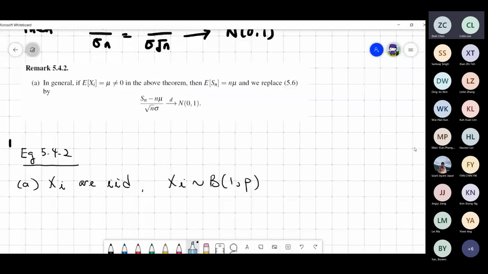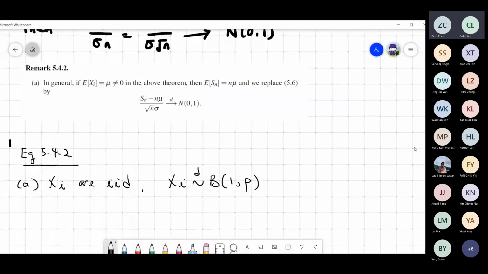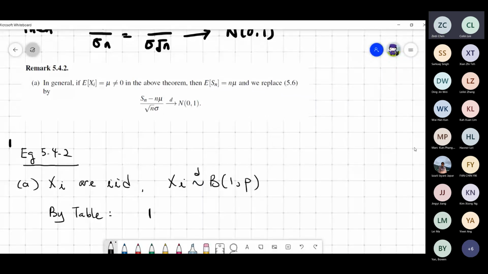In this case, because xi has a binomial distribution, by using the standard formula from the table, we can see E of xi, maybe you can put mu equals E of xi because all of them have the same distribution, which equals n times p, which is p.